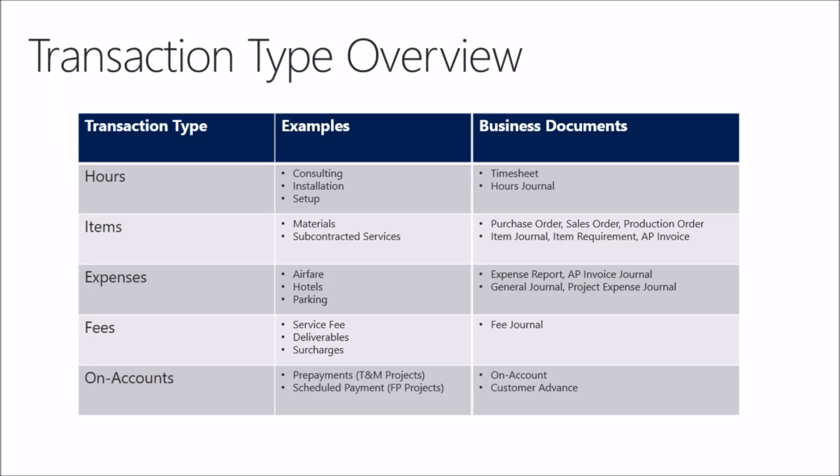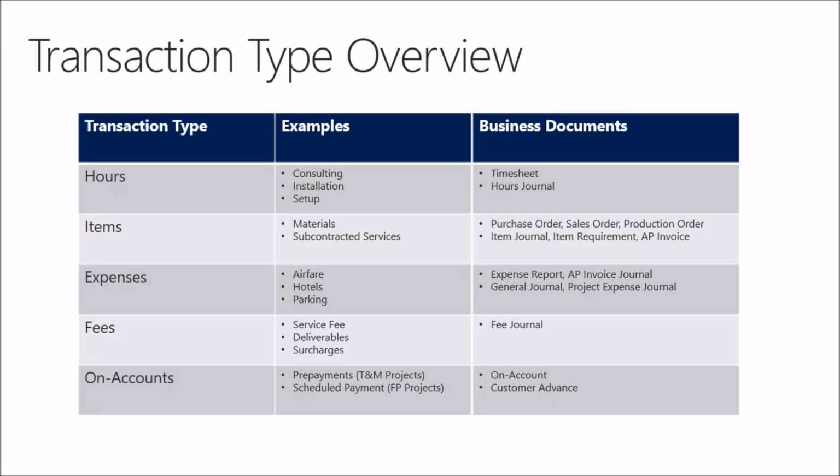And then with on accounts there's not a journal or really a business document. Basically, you open a form and then you build out your payment schedule. And then there's another way of creating an on account too, and that's by using the customer advance feature, which we'll get into in subsequent modules.